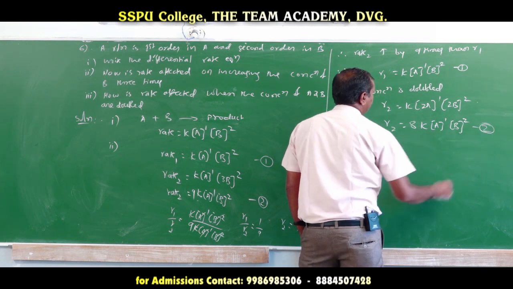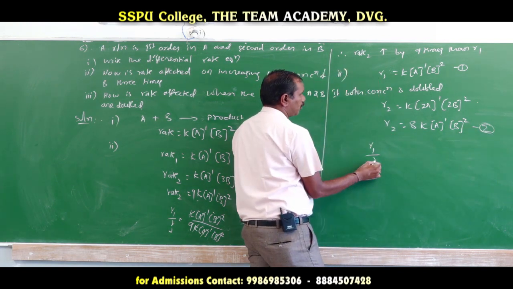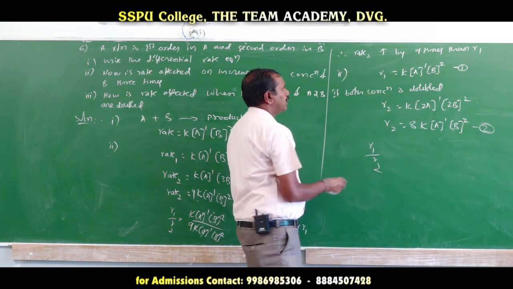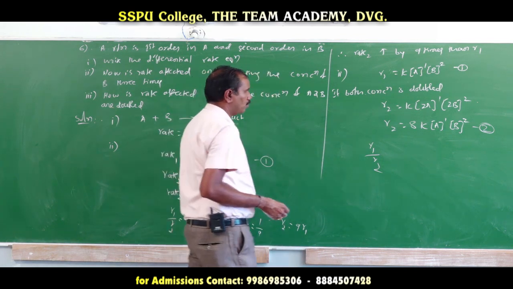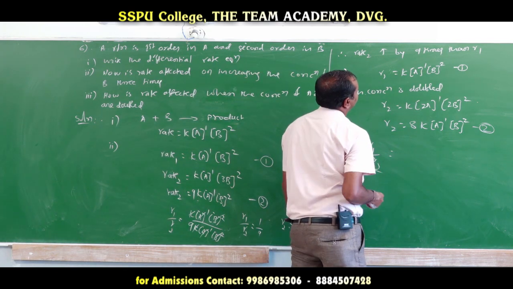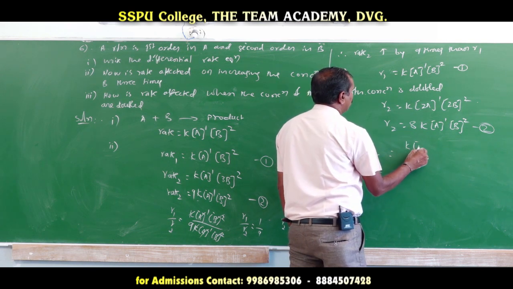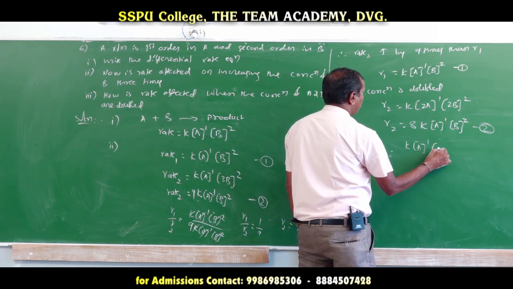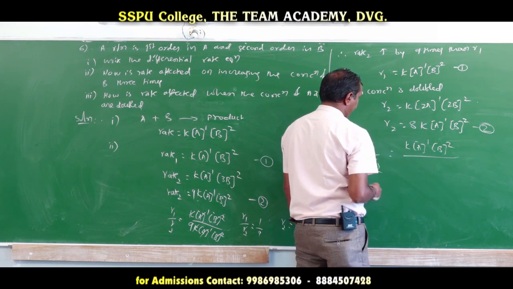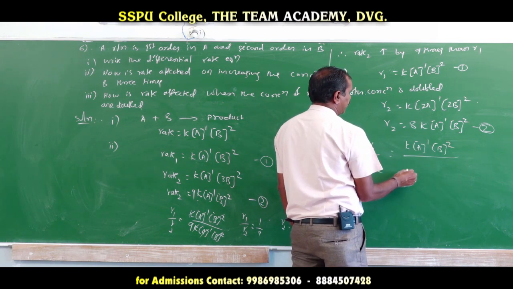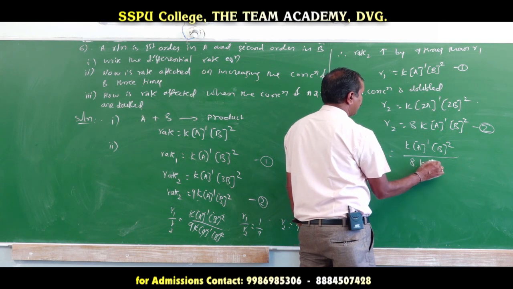This is 2. Comparing rate 1 and rate 2, R1 by R2 equals K into A to the power 1, B to the power of 2 by rate 2, that is 8 into K into A to the power 1, B to the power of 2.